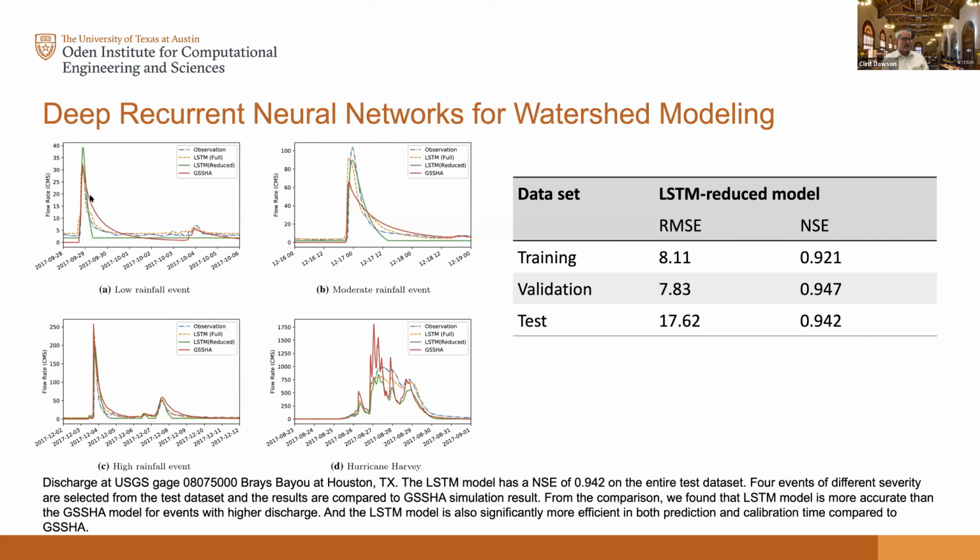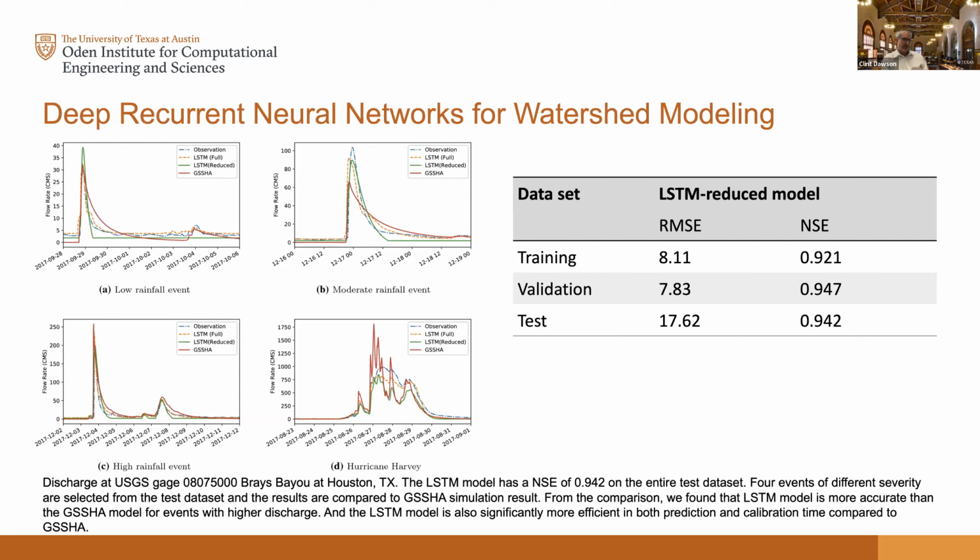Okay, so this shows some comparison between what was observed at the gauge for different types of rainfall events.